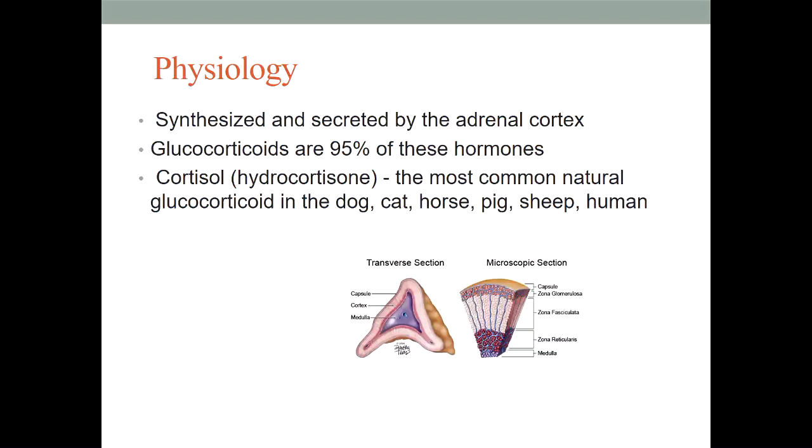Okay, so we talked about this last Friday, about the physiology of the adrenal cortex and what's important about it. Remember that all of your glucocorticoids and mineralocorticoids are synthesized in the adrenal cortex. Remember, the medulla secretes your catecholamines.